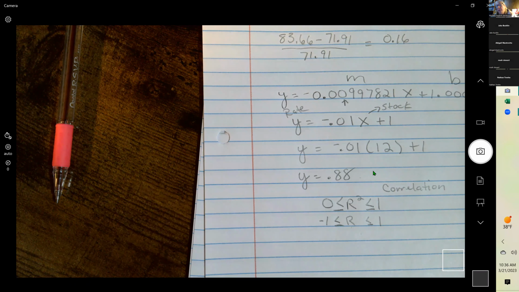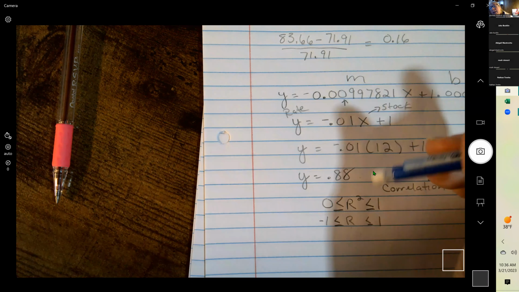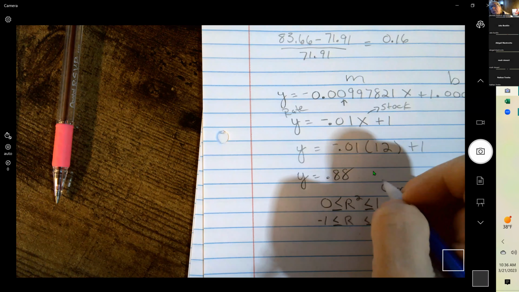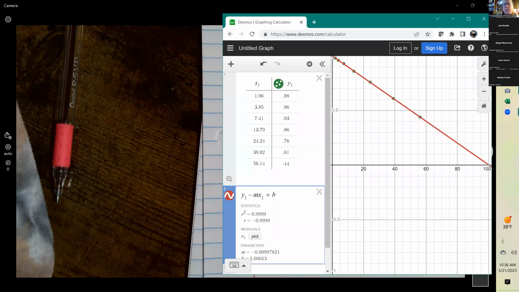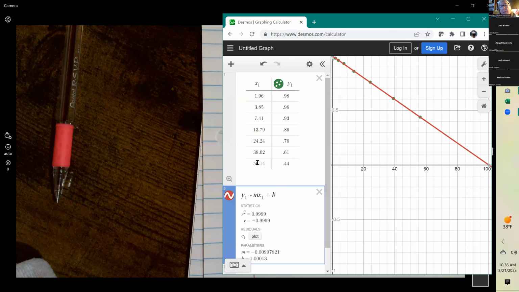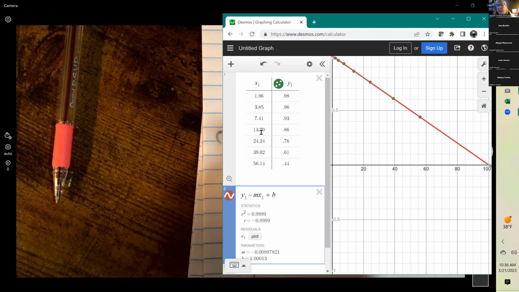So this is when it's inside or between the values. 12 was between the two values that we had. 12 is between here, right there. That's called interpolation.